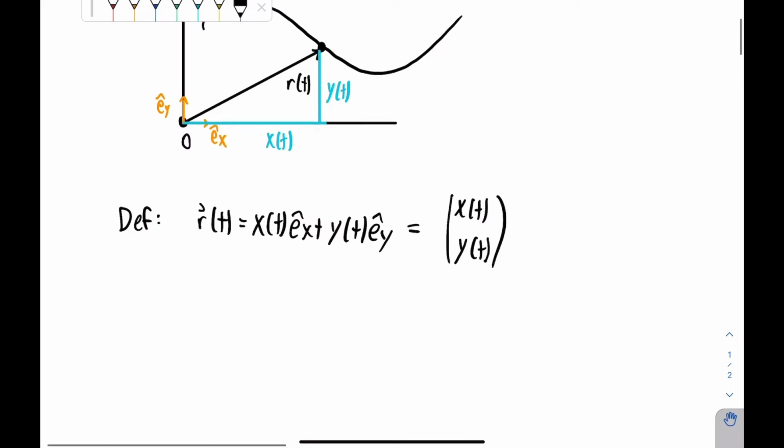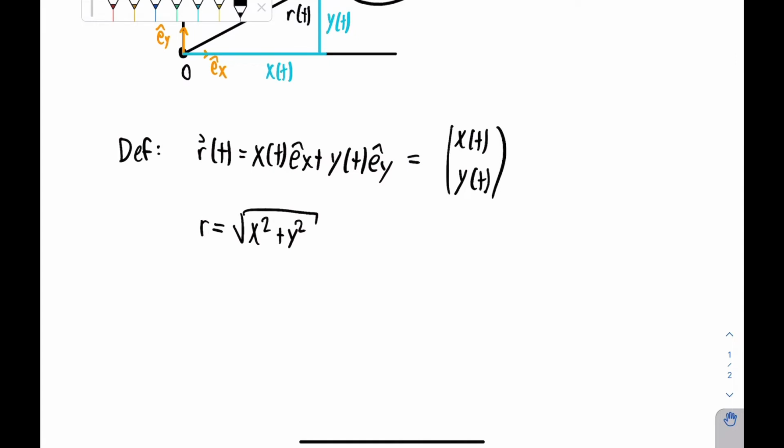If we want to find the magnitude of r of t, we can take the Pythagorean theorem and add x squared plus y squared and take its square root. We can additionally decompose r of t if we know the angle as well as the magnitude.